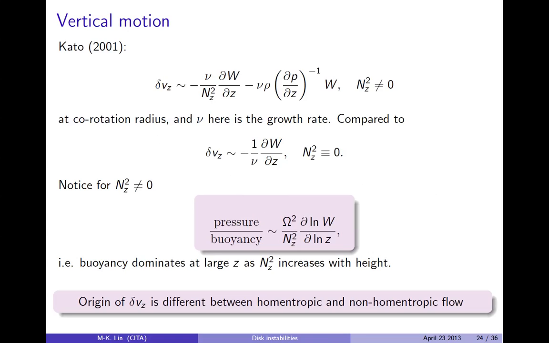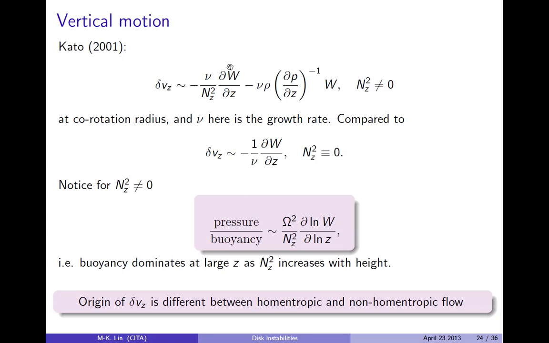So I looked up a review article by Kato, and this is a review article on oscillations in thin disks. He was focusing on black hole accretion disks. But it turns out that if you're in a disk with a non-uniform entropy, then there are in general two different contributions to the vertical velocity. The first term here represents pressure forces, because W is the pressure perturbation.